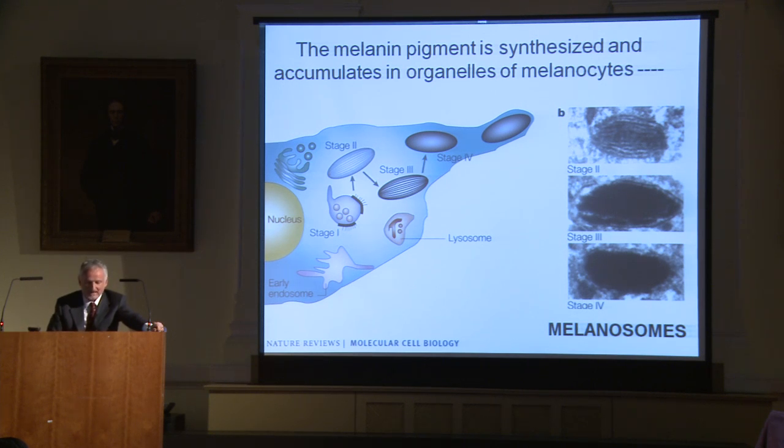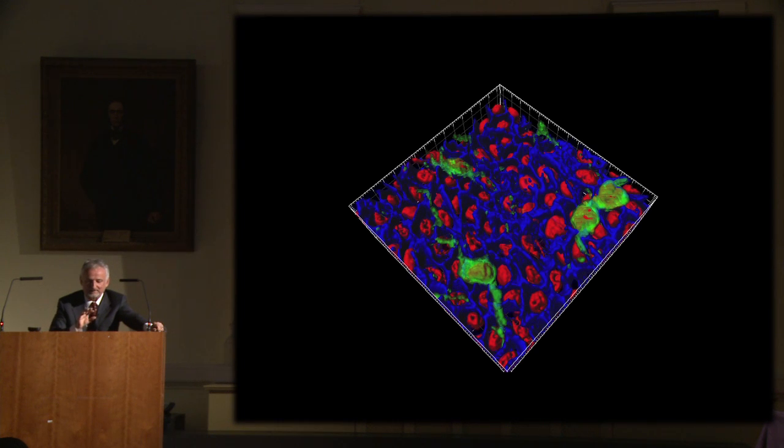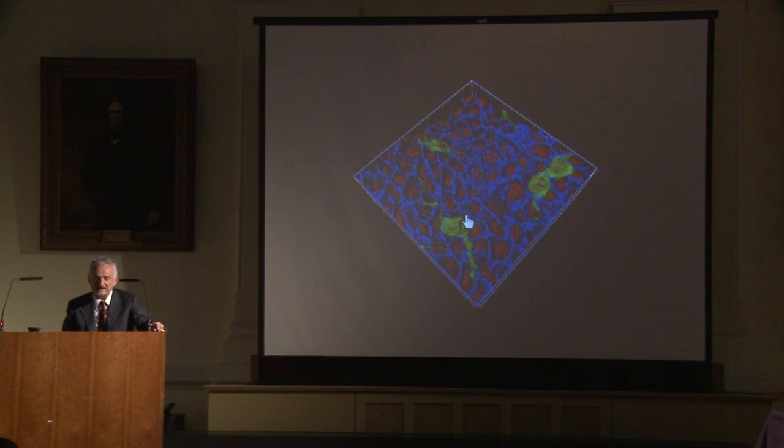And the melanocyte doesn't produce that just for itself. It produces it, and as you can see here, again, we have the melanocyte with this dendrite, and what you see here in red and blue are cells which are in direct vicinity, directly surrounding the melanocytes, and they are in physical contact.